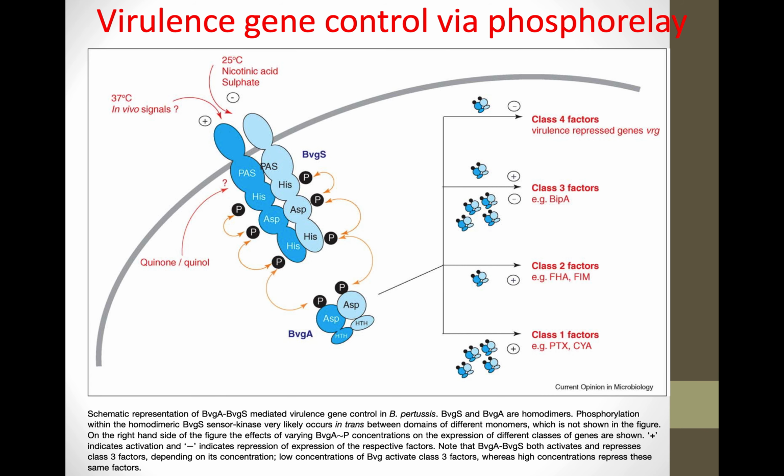Now the final one, and I think this is the last slide, on phosphorylase. Phosphorylase is usually, but not strictly, available for virulence gene control. For example, over here this is basically in B. pertussis, Bordetella. When a system or bacteria has a virulence gene, what will happen to the bacteria in general?